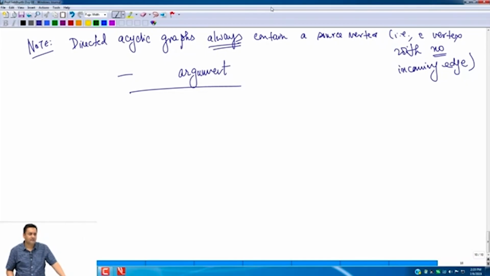The idea is, okay, pick an arbitrary vertex. Your graph is acyclic. Two possibilities. Either this vertex has no incoming edge, in which case you are done. Otherwise, the vertex has an incoming edge. So you go to the predecessor, the vertex that's pointing to it. Fine. Now you are at a new vertex. Repeat. So you are following the path, in fact going in the opposite direction of these one-way roads, as we typically do.